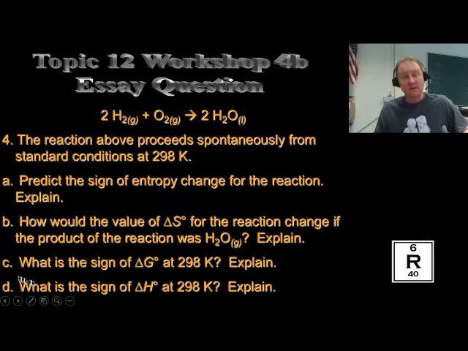And for the last one, what is the sign for change in enthalpy? What's the sign for the change in enthalpy? Well, to figure this one out, I would like you to kind of work with what you know. From C, you should know the sign of free energy. And from A, you should know the sign for entropy. If you use your equation, you can answer this question.